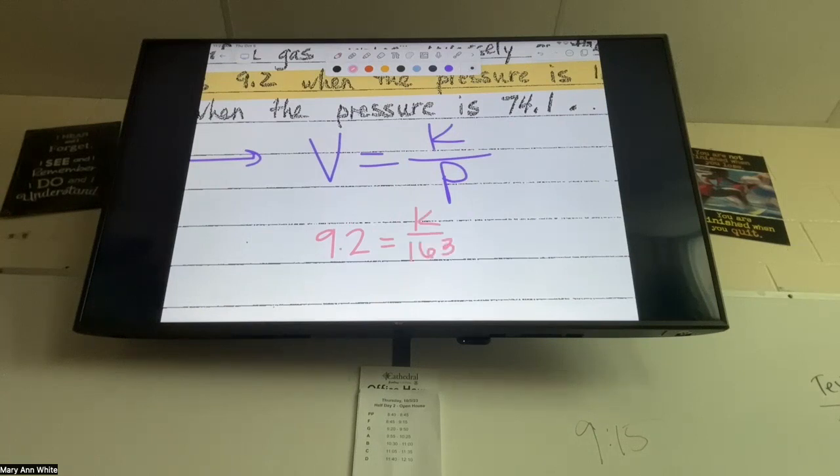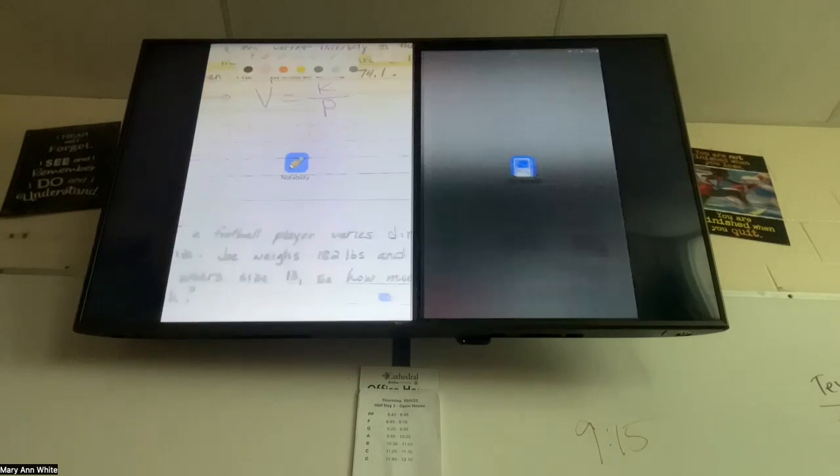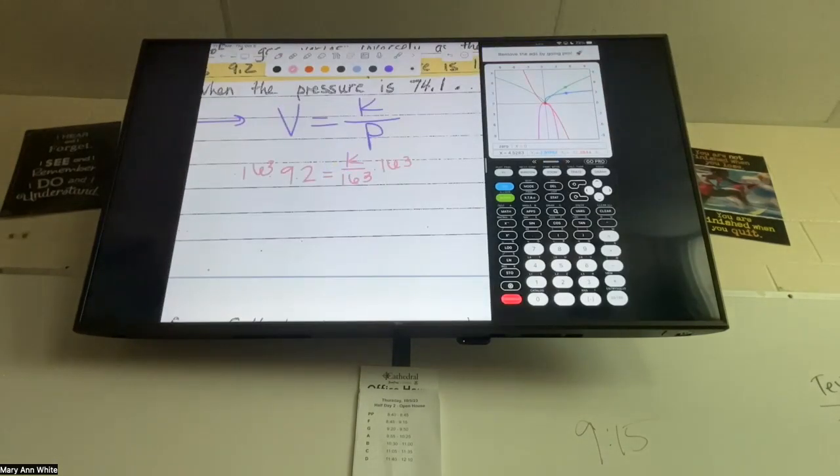So we solve for K, multiply by 163 on both sides. And I get 1,499.6. That's just my constant, okay? I'm not done yet.